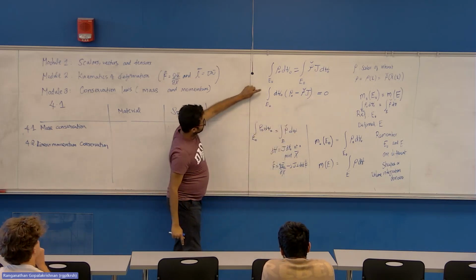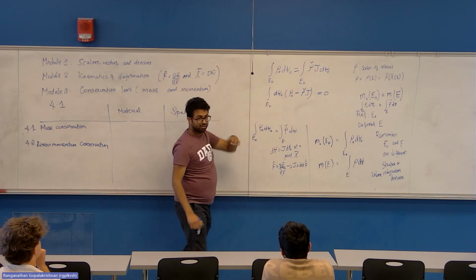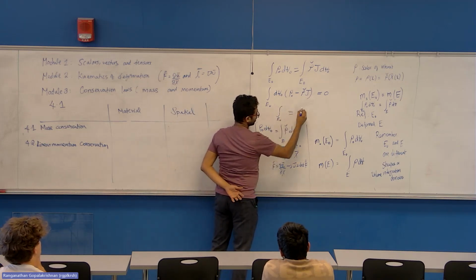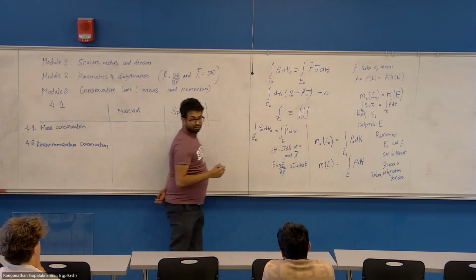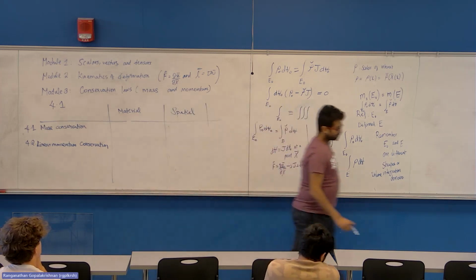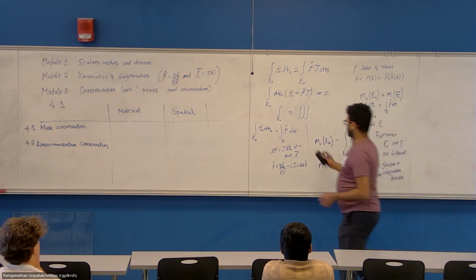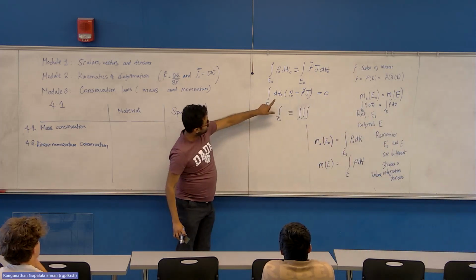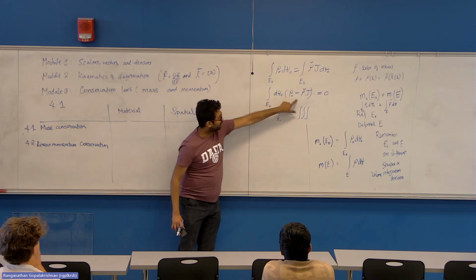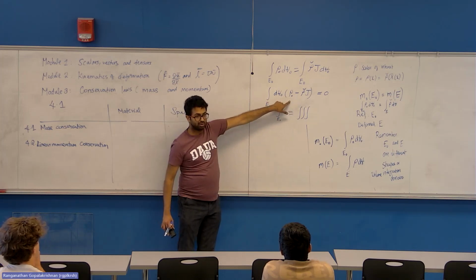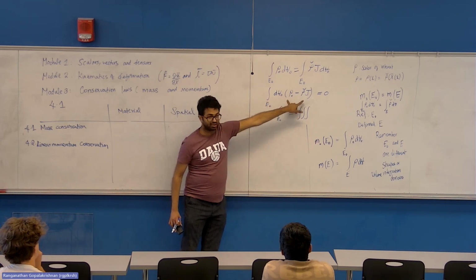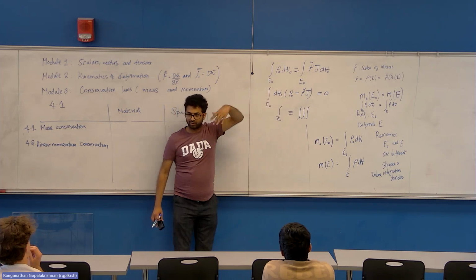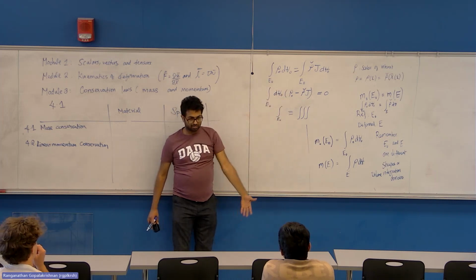First of all, two things. One is I keep writing this integral over E naught. Some of you might have already figured it out: it stands for a volume integral. Second, if the integral over a volume of some quantity is 0, the only way that is possible is that the quantity has to be 0. The integrand has to be 0.